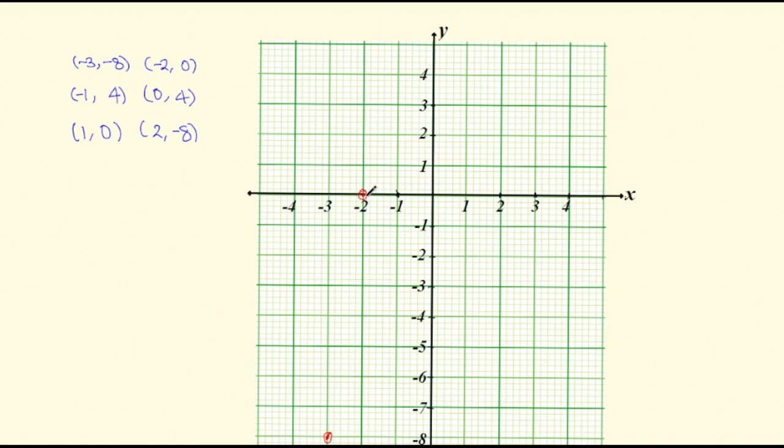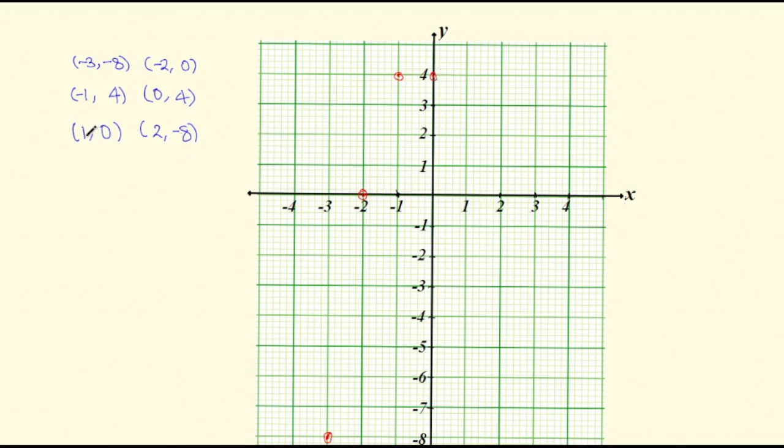Whenever you plot something along the x-axis, you must know that it is one of the solutions. Then next is -1 and +4, that's somewhere here. Followed by 0 and +4: 0 for x, +4 for y. So that is where the point is.